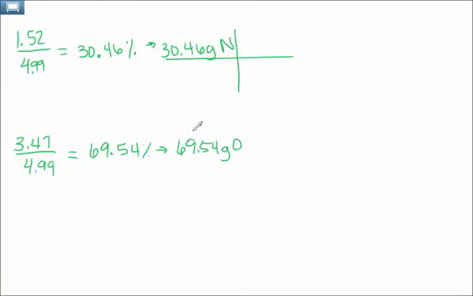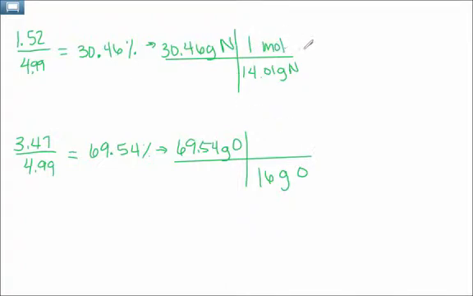Mass of nitrogen is 14.01. What was the top one? 2.17. And oxygen?